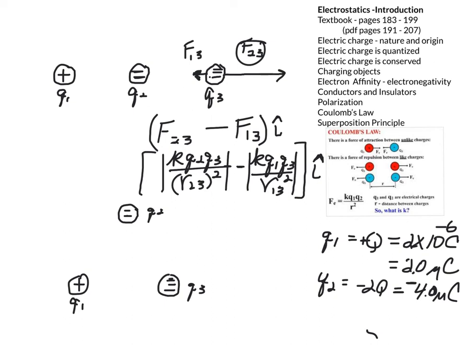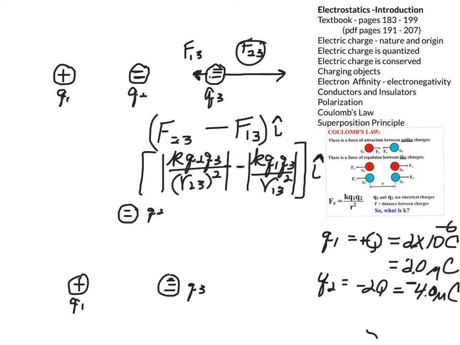So in this case I said, okay, let Q1 be a positive Q, and let that positive Q be 2 times 10 to the minus 6 coulombs. That's the unit of charge. And that's 2 microcoulombs. So this is the notation we'll be using.